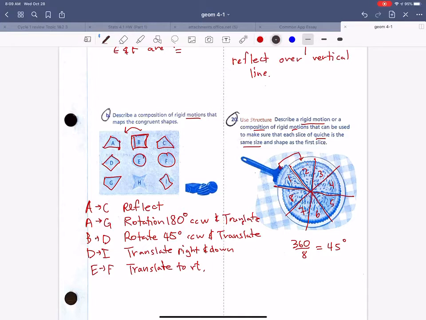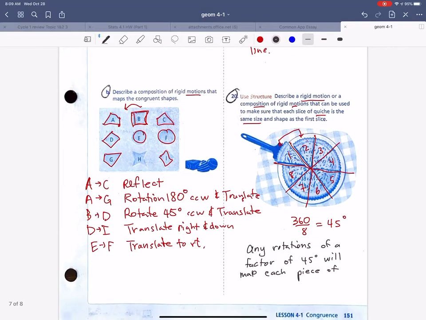So we can write any rotations of a factor of 45 degrees will map each piece of quiche upon itself.